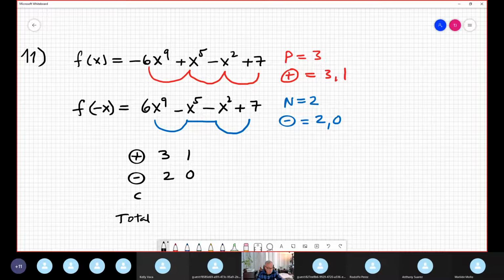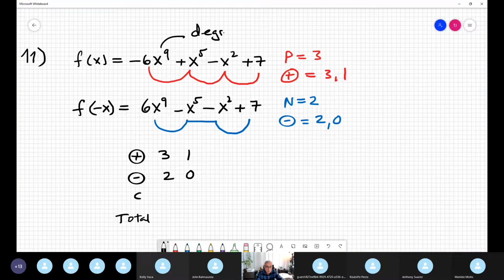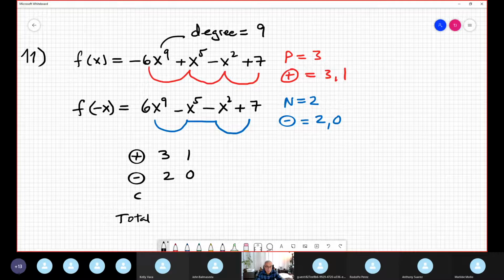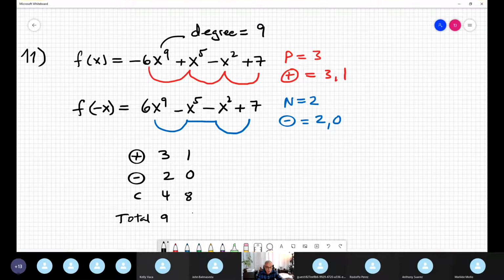And complex, well, total is the degree, which is 9. The degree of the polynomial is 9. Therefore, we have 9 zeros or roots. So this is 4, or this is 8, because 8 plus 1 is 9. Okay, and this is the combination.